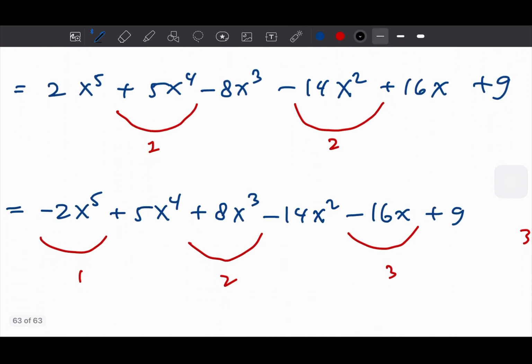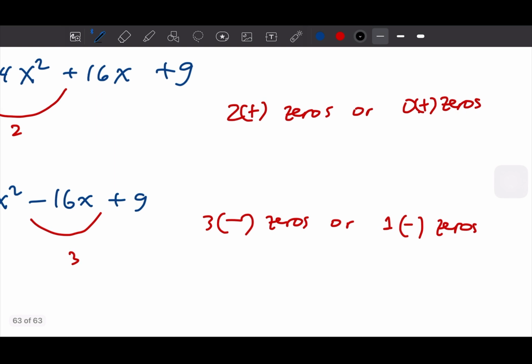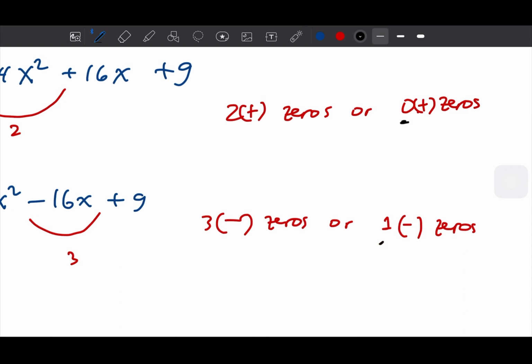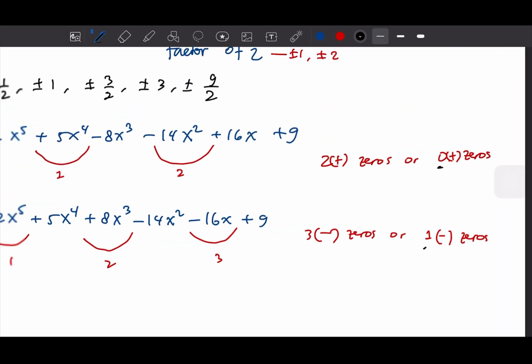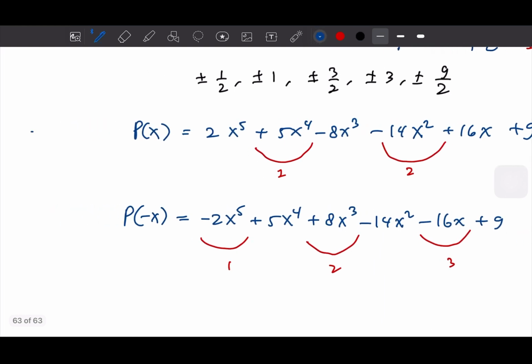And when we have 3 like this for negative zeros, the possibility will be 3 negative zeros or 1 negative zero. How do we get this 0 and 1? This is from 2 minus 2 and 3 minus 2. So it becomes 0 and 1. Let me write here. This is for positive zeros, and this will be for negative zeros.